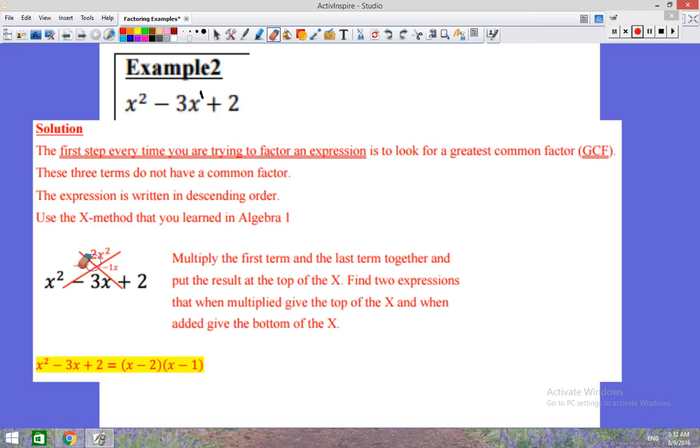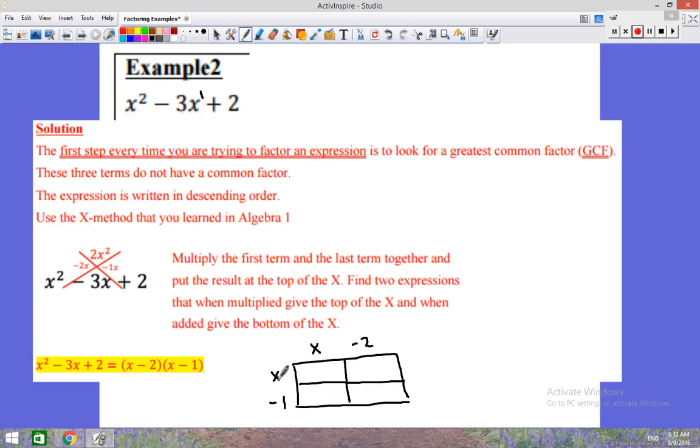But now with the negative 2x and negative 1x, we can jump right in and say that, hey, this factors to x minus 2 times x minus 1. If you have time, it's always a smart thing to check your answers, and a nice organized way to multiply binomials is to use a table.